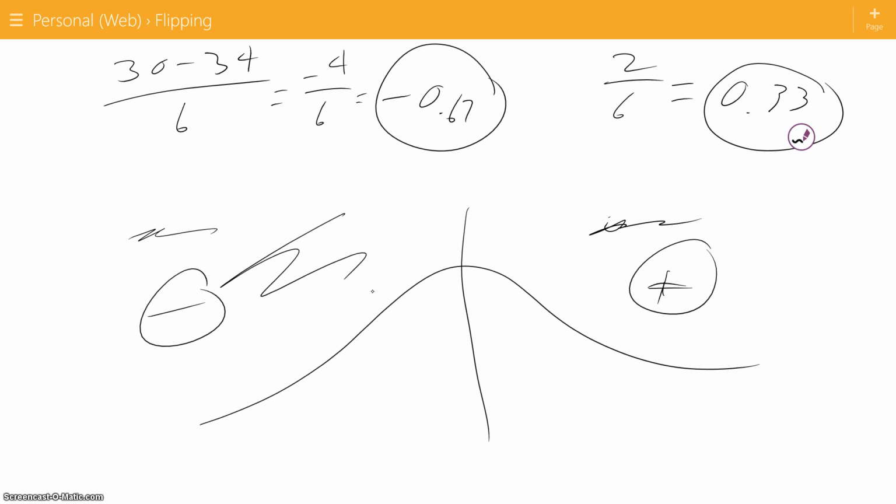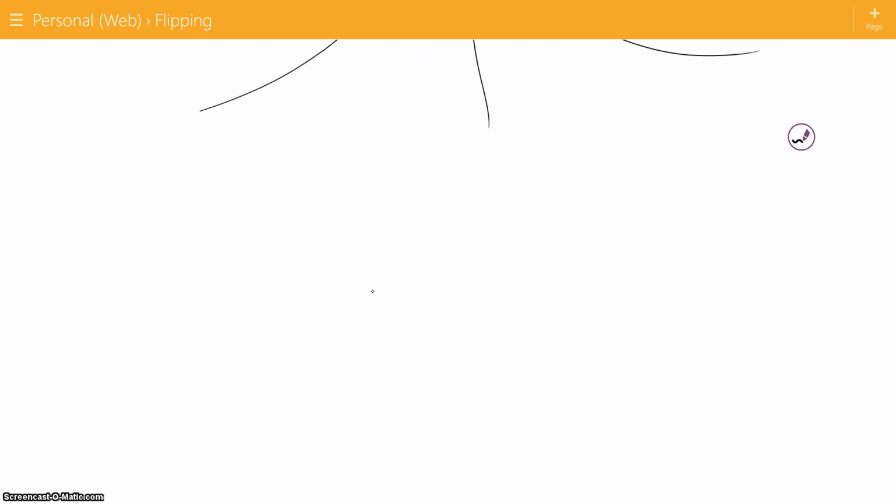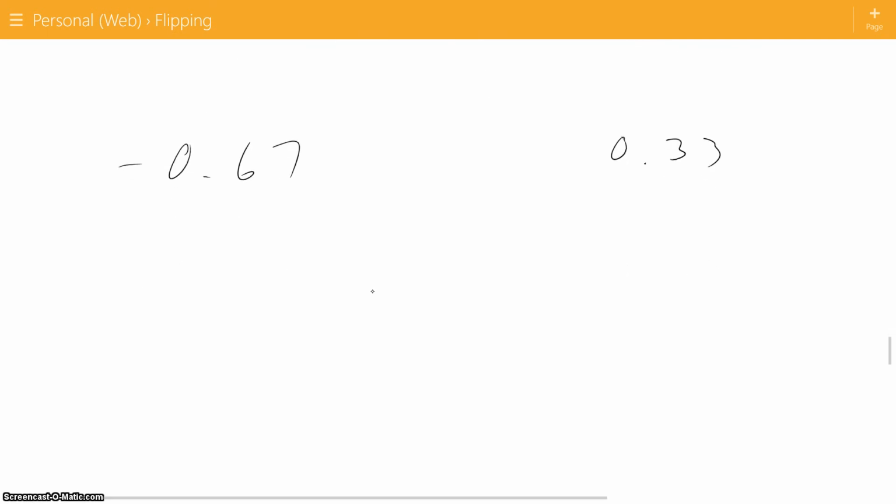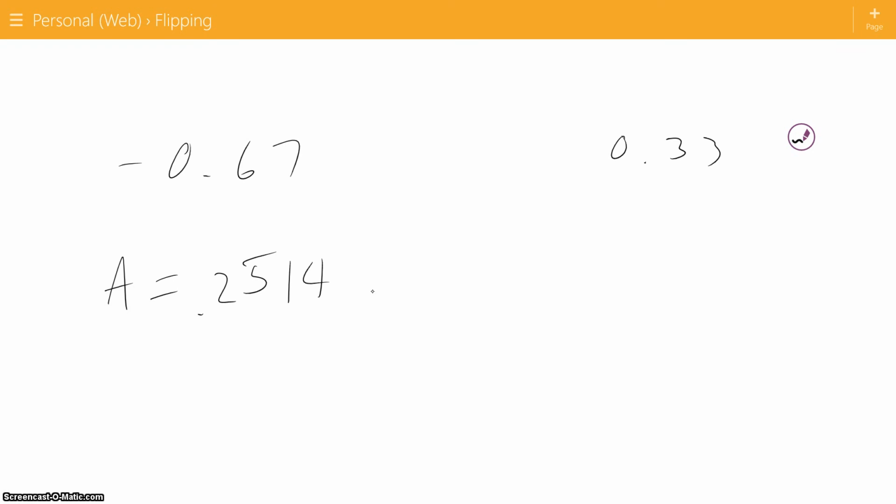Let me find the areas. Consulting my z-score chart, I see if I look up an area here for negative 0.67, that gives me 0.2514.